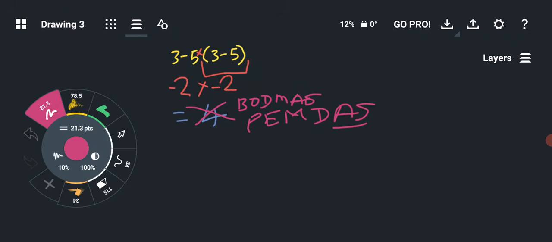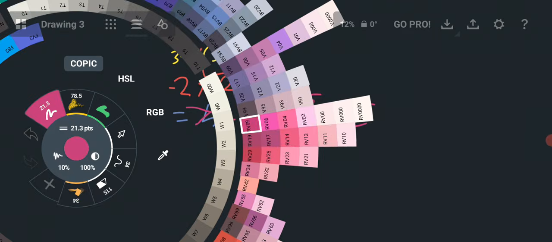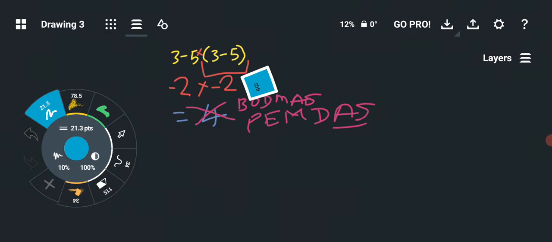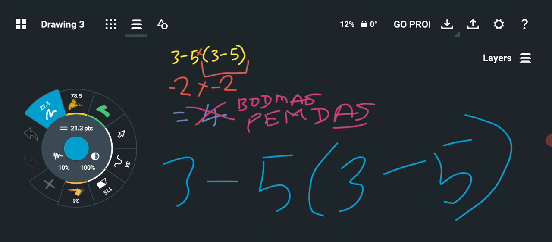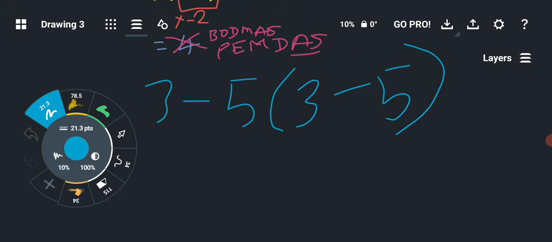Let's write the question down again. So we have 3 minus 5, 3 minus 5. And so, following the order of operations, the first step would be to open the parentheses.